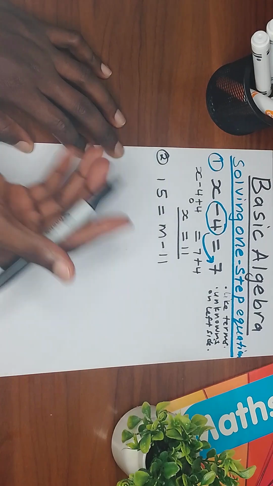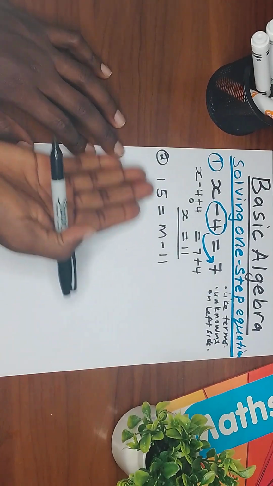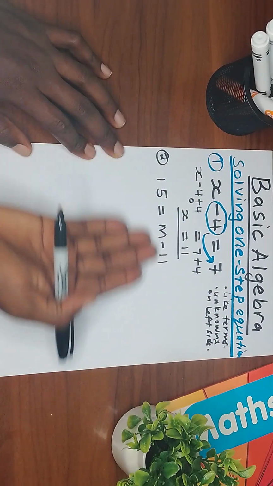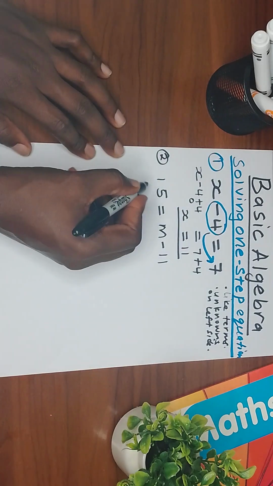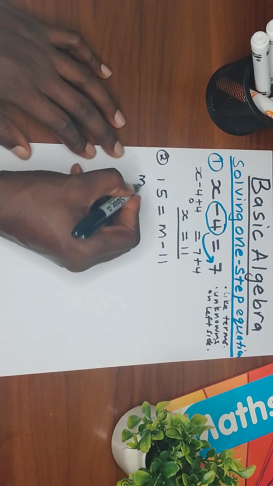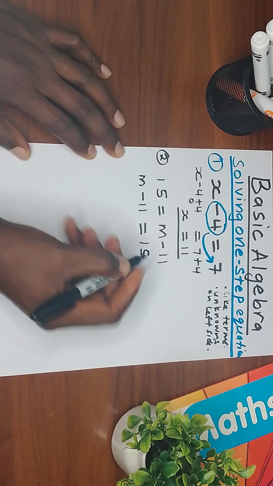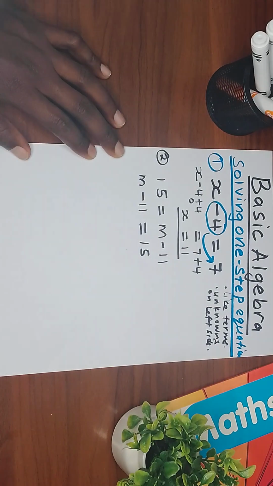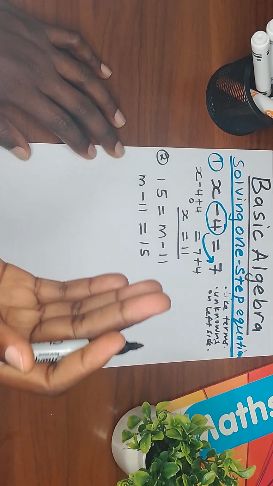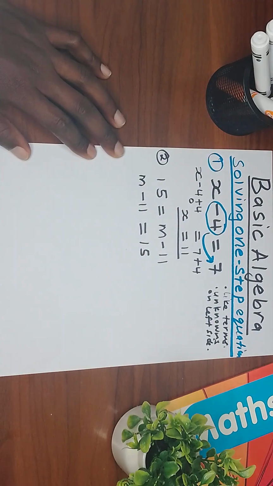So we are going to change the way it is written, but still writing it the same. It will carry the same meaning. So we'll say m minus 11 equals 15, just to arrange it to favor us as we have the unknowns on the left side.